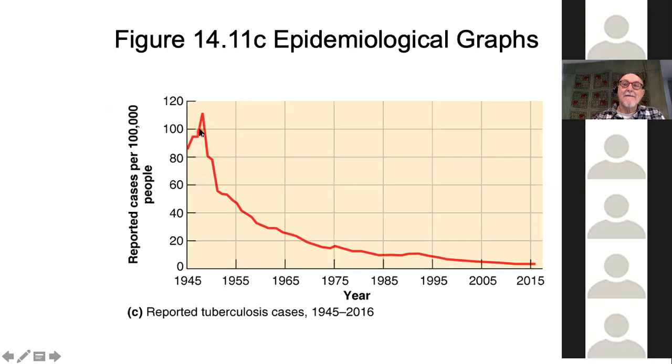So this is the end, actually, of a very long time when tuberculosis was absolutely endemic in the United States. Not epidemic, but endemic. It existed at a constant rate, quite high in the population, of around 100 per 100,000.